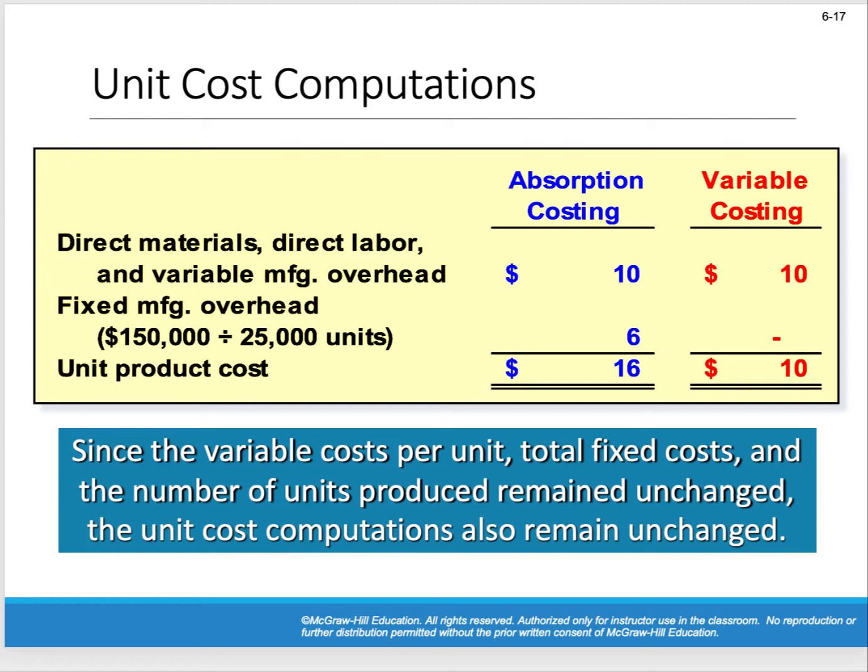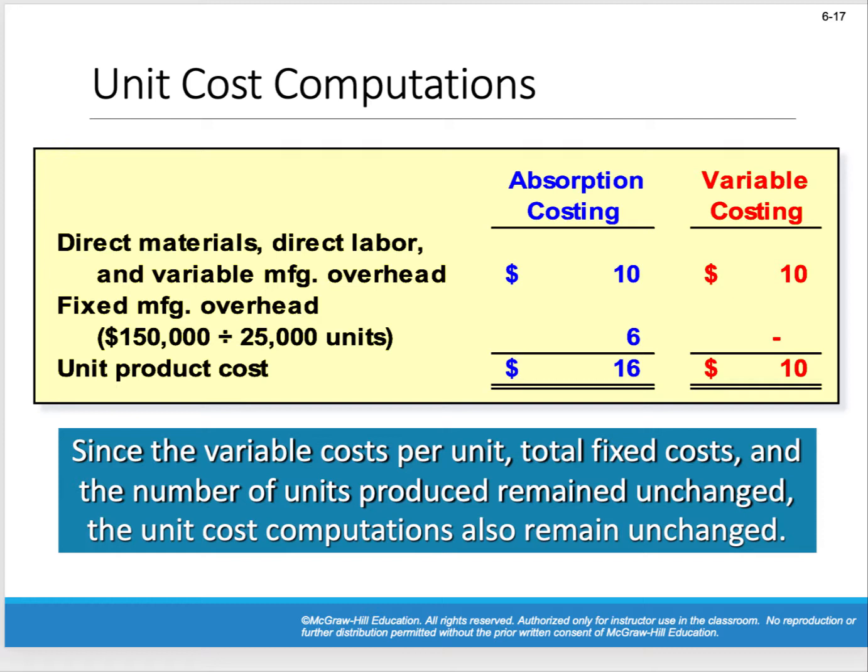The difference between variable costing and absorption costing, again, is how we handle the fixed manufacturing overhead. Variable costing says we do not include fixed MOH as part of our product cost. Absorption costing says we do include fixed manufacturing overhead as part of our unit product cost.